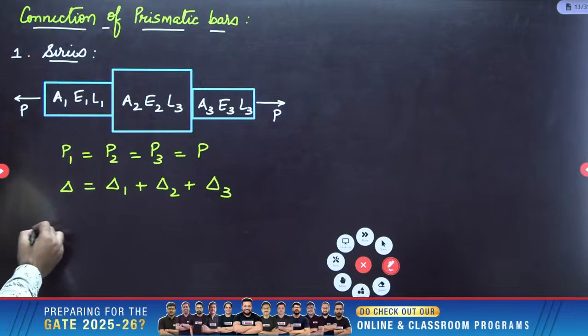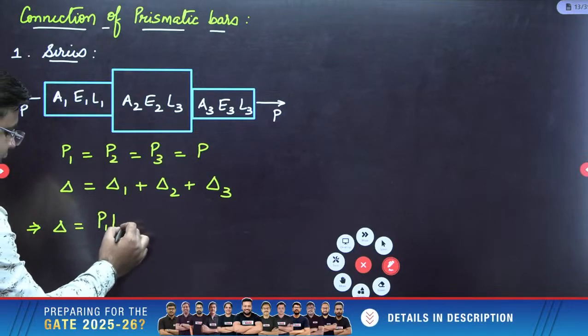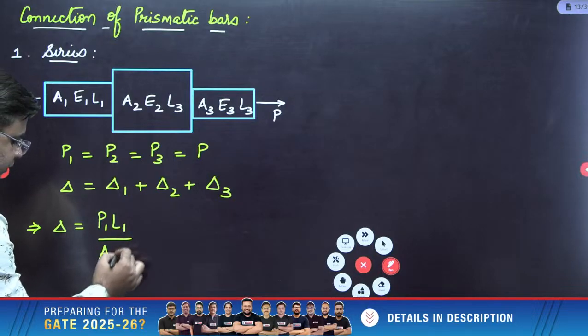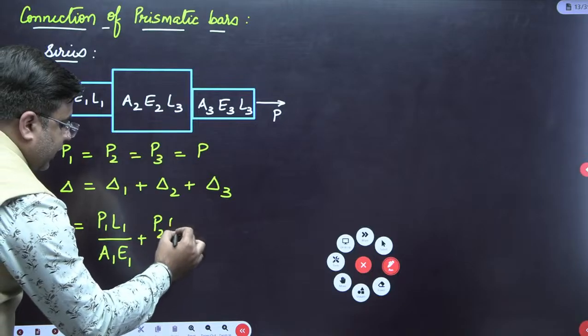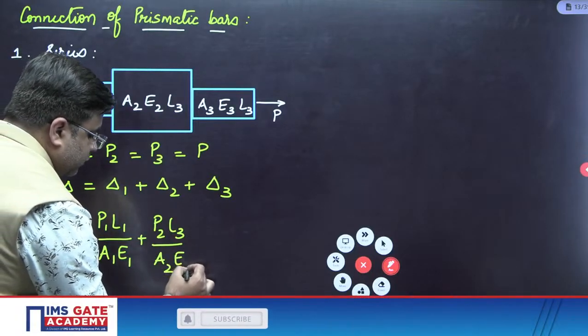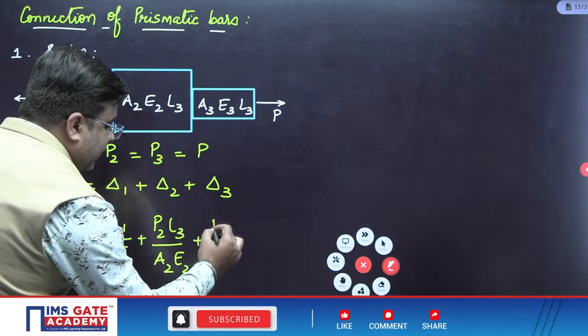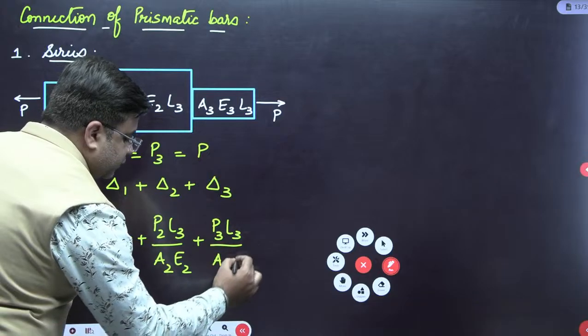So delta is equal to P1 L1 upon A1 E1 plus delta 2 is equal to P2 L2 upon A2 E2 plus delta 3 is equal to P3 L3 upon A3 E3.